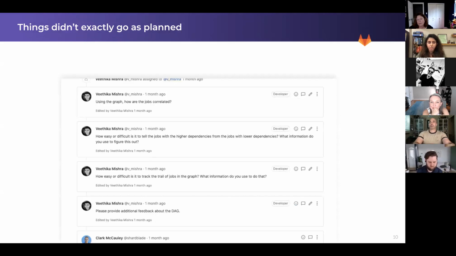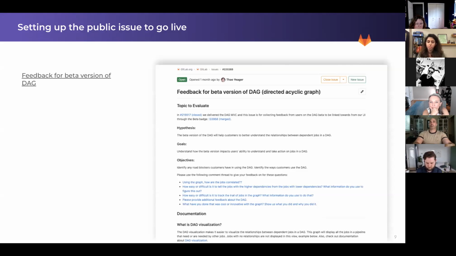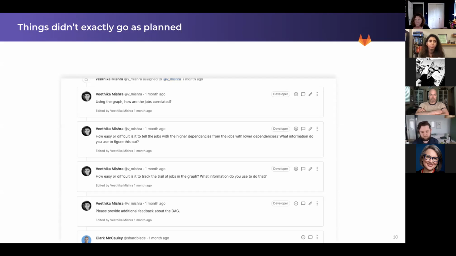And here's something I tried. I tried putting those questions, which are linked in the description here, in different parts, so that when users give their inputs, it would be very easy for me to segregate and analyze without having to scour through the entire issue and do the grouping separately.